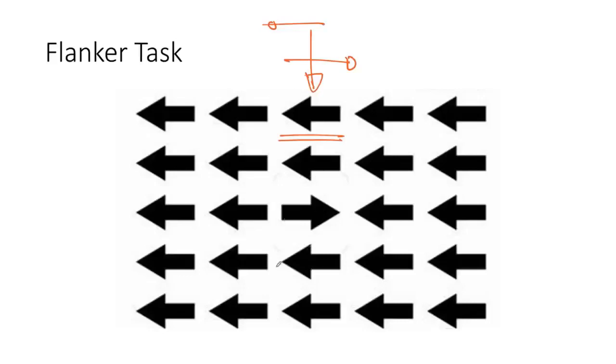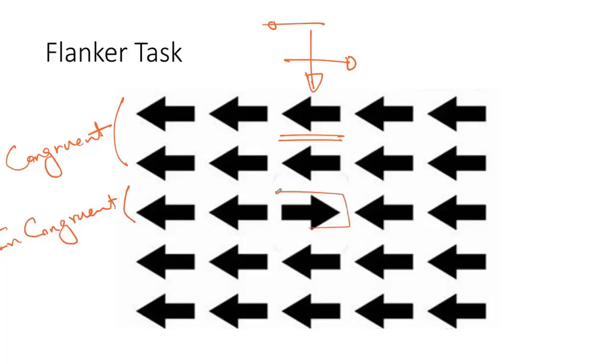These items are named congruent, and this one is incongruent. As you can imagine, when things are incongruent, they are really harder to detect. There is a conflict, and you need to resolve that conflict to find the right answer.